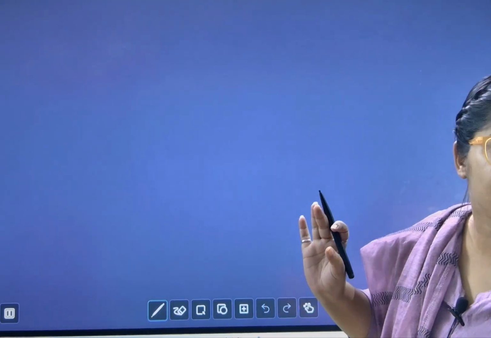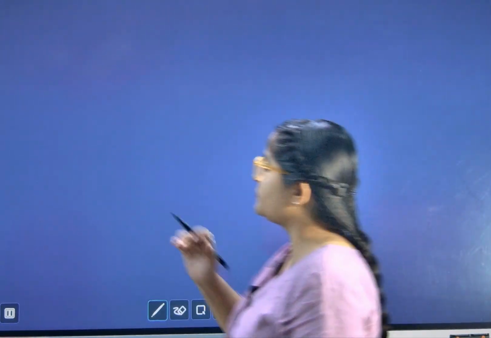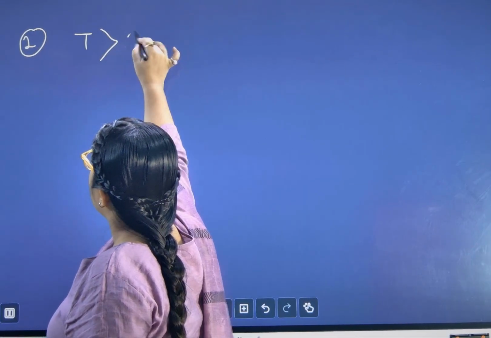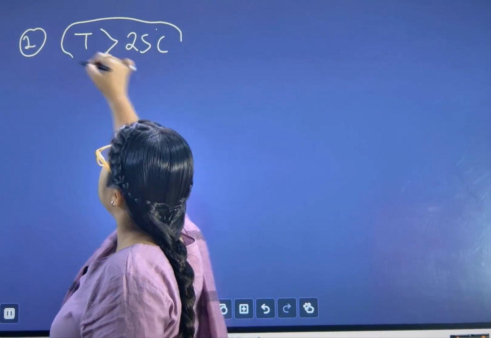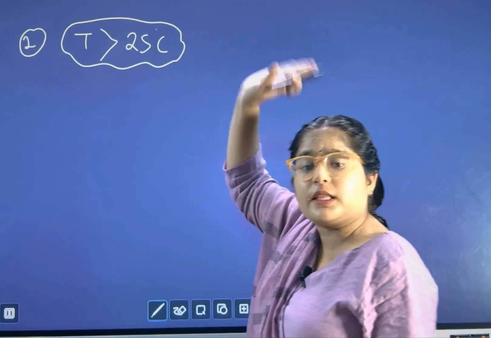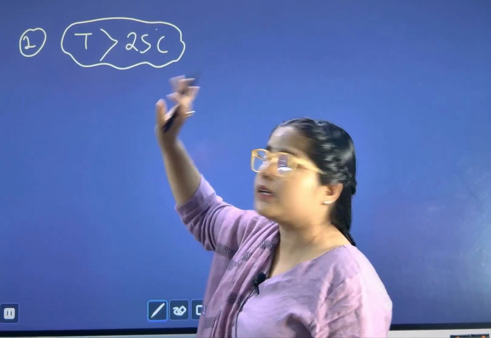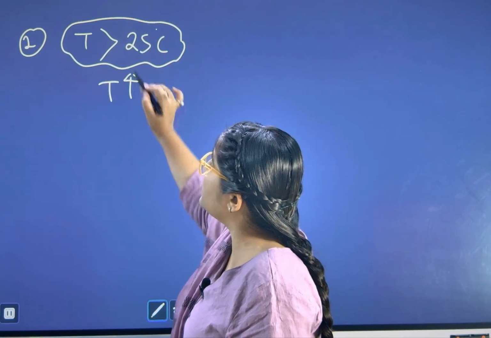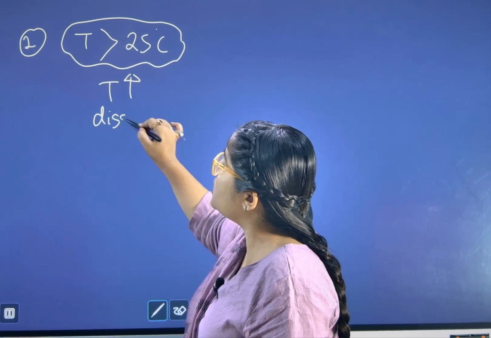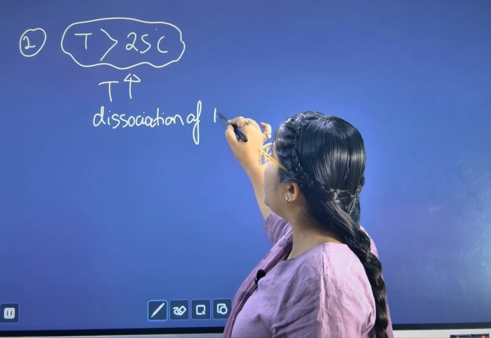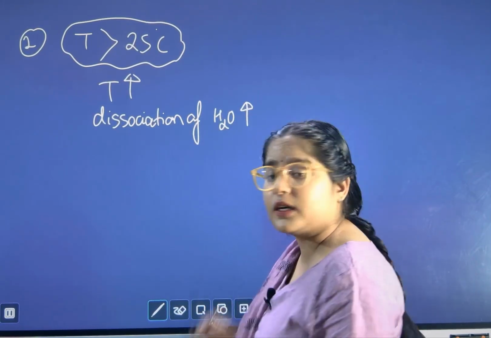Now let us see what happens if we change the temperature: when I am increasing temperature and when I am decreasing temperature. Second case, write down here: if temperature is more than 25 degrees centigrade, what will happen? Dissociation of water will increase, right?